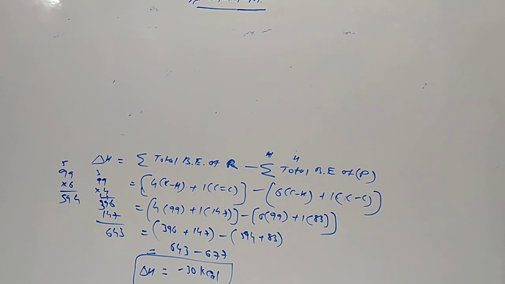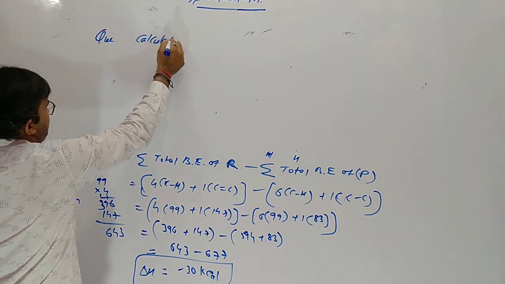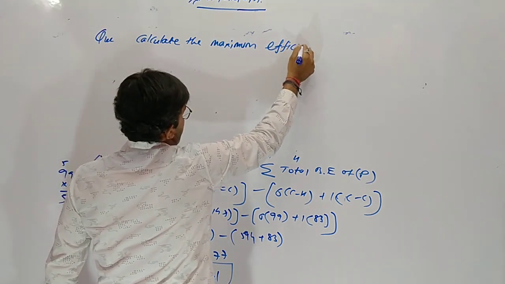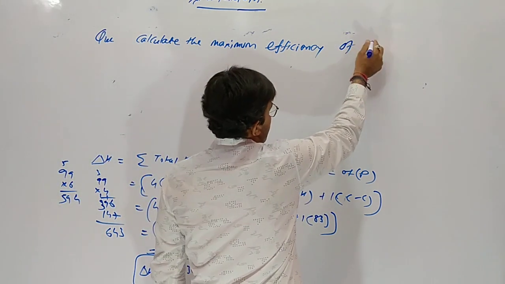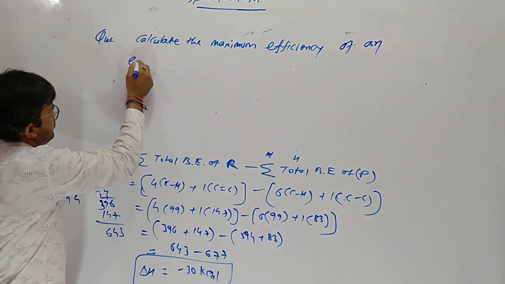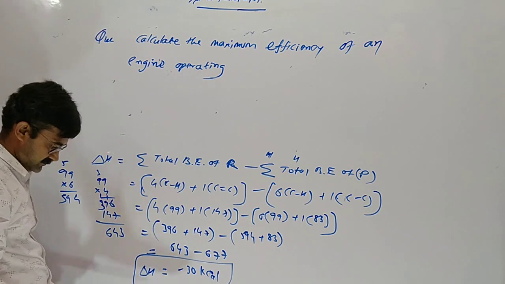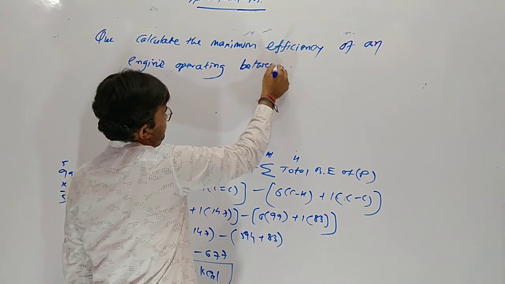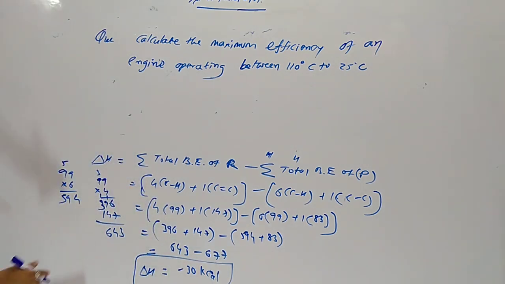Calculate the maximum efficiency of an engine operating between 110 degrees Celsius to 25 degrees Celsius.